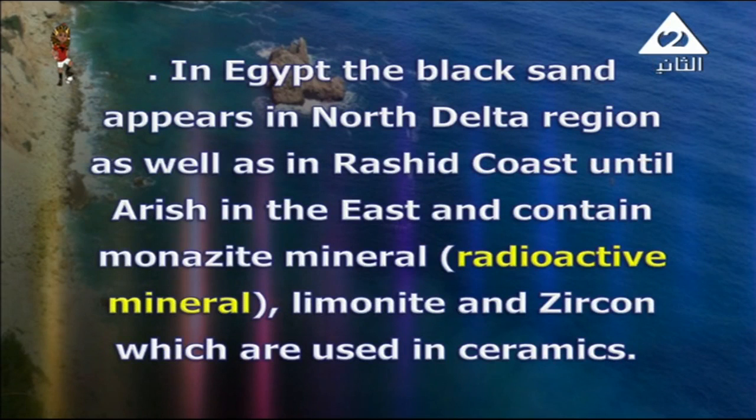In Egypt, the black sand appears in the North Delta region as well as the Rashid coastline until Arish in the east and contains monazite minerals which contain radioactive minerals, limonite and zircon which are used in ceramics.